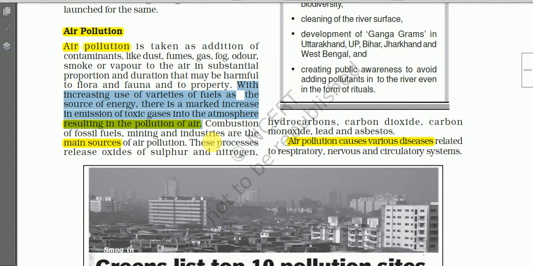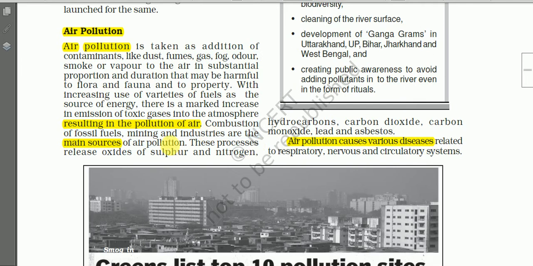Combustion of fossil fuels, that is burning of coal, petroleum, natural gas, then mining and industries are the main sources of air pollution.